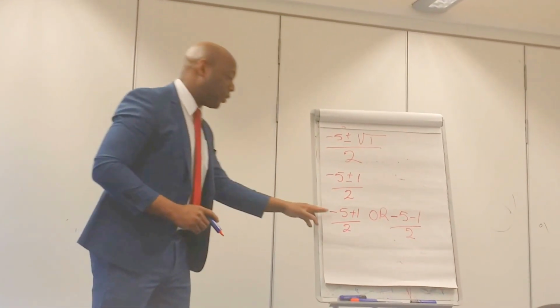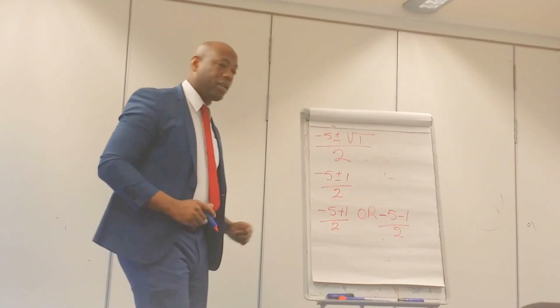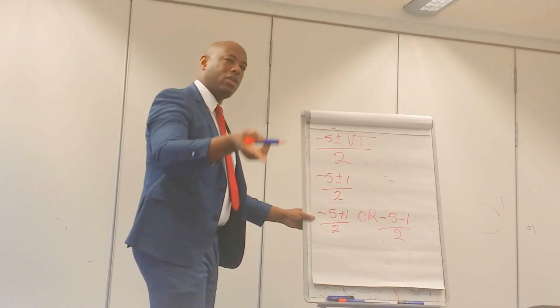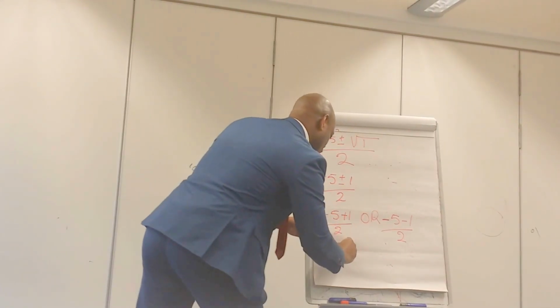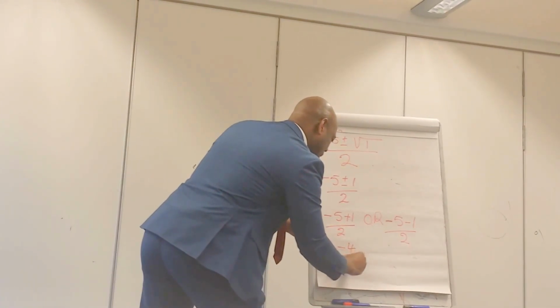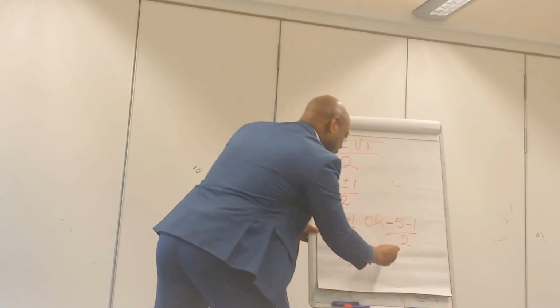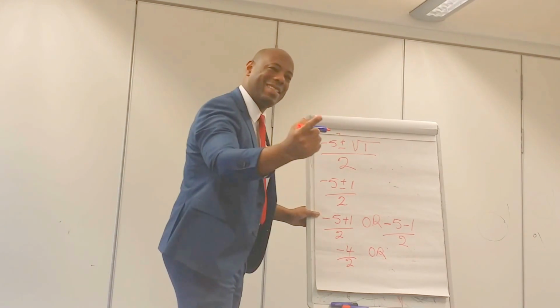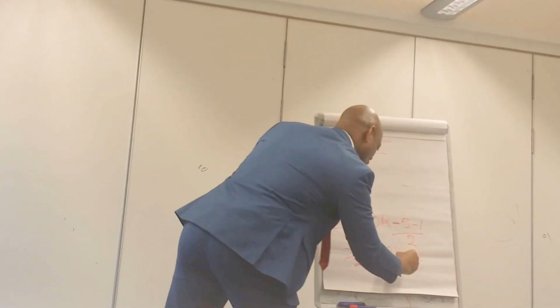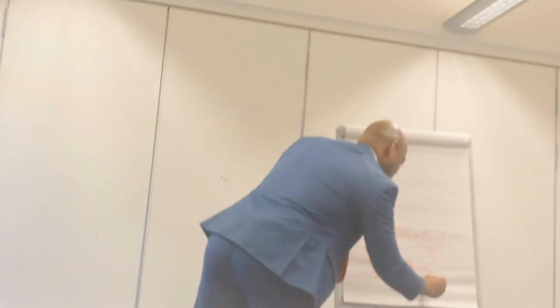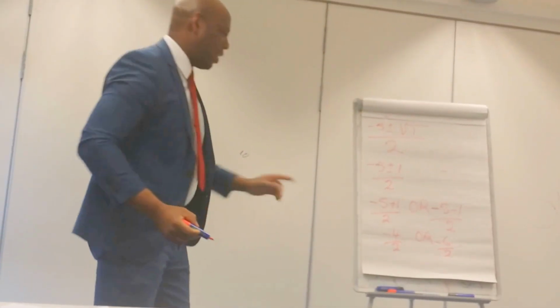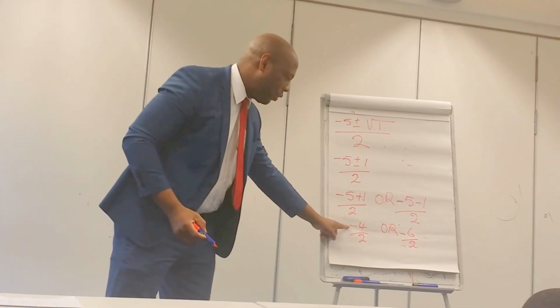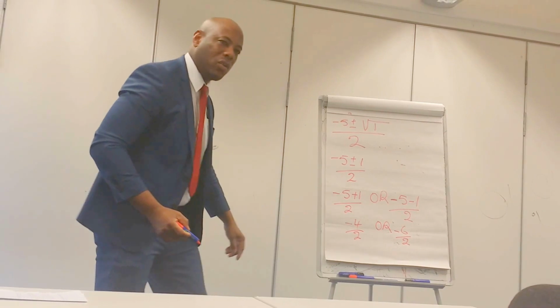Minus 5 plus 1 is actually minus 4. So it's minus 4 divided by 2, or what's minus 5 minus 1? That's minus 6. So minus 6 divided by 2.